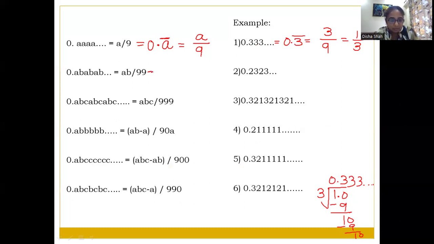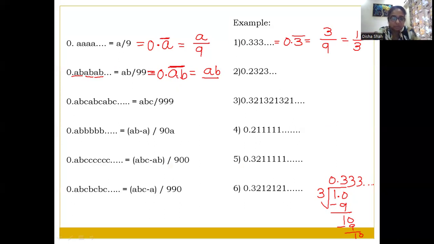Next pattern, suppose the numbers are like this: 0.ab, ab, ab, wherein the two digits are getting repeated. मतलब पैटर्न ऐसा है 0.ab बार. बार का मतलब होता है कि ये नंबर रिपीट हो रहे हैं. So what we will do for this, once again in this particular case we will write the number ab divide by, now how many digits are getting repeated?